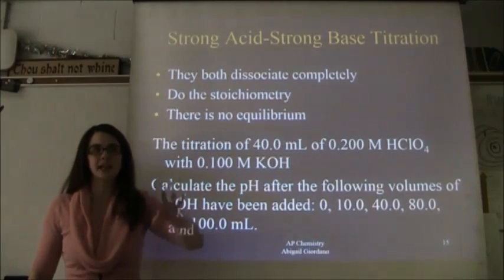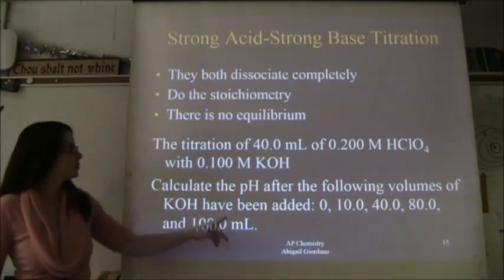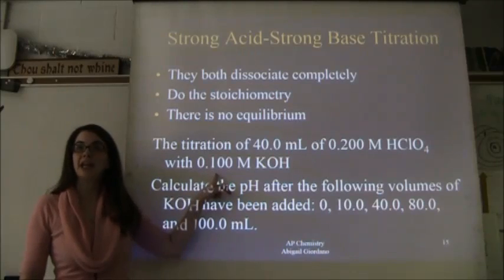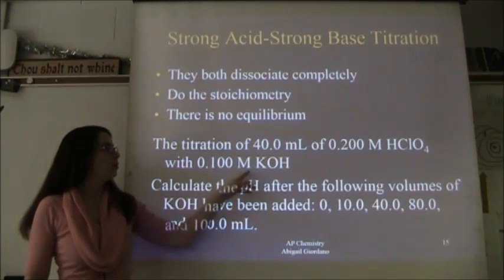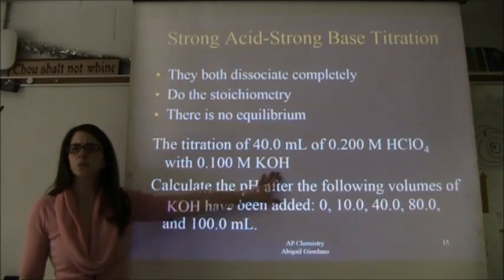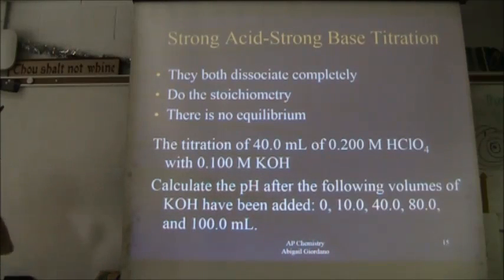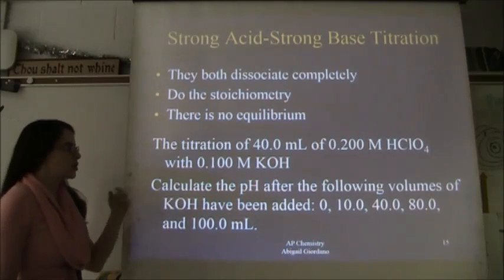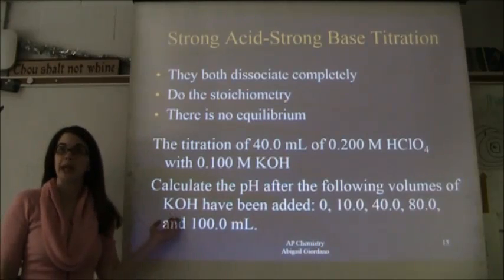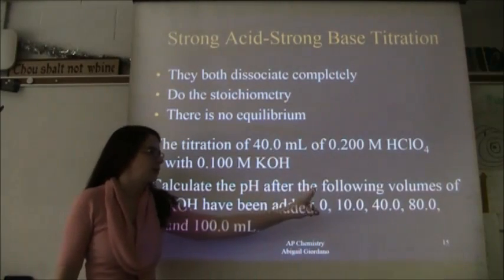We have a set amount of acid. We're going to be adding to it 0.1 molar, what is this? Strong base, good. Calculate the pH after the following volumes of base have been added.